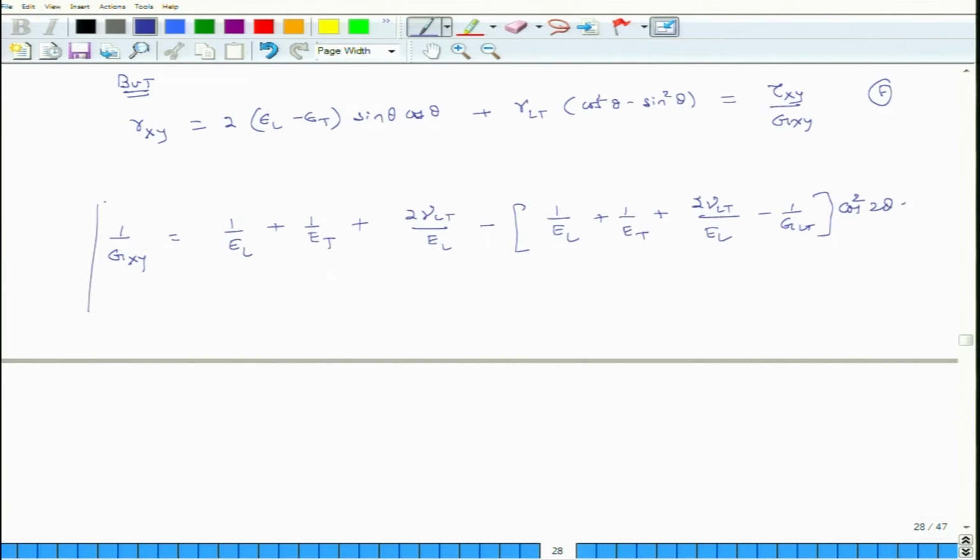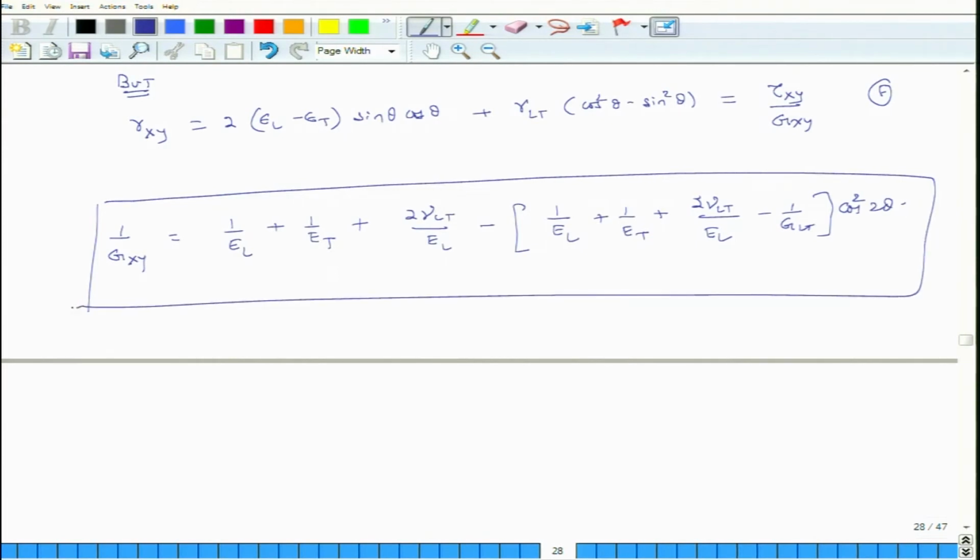So, this is the last expression, and that is for the shear modulus in the xy coordinate system.